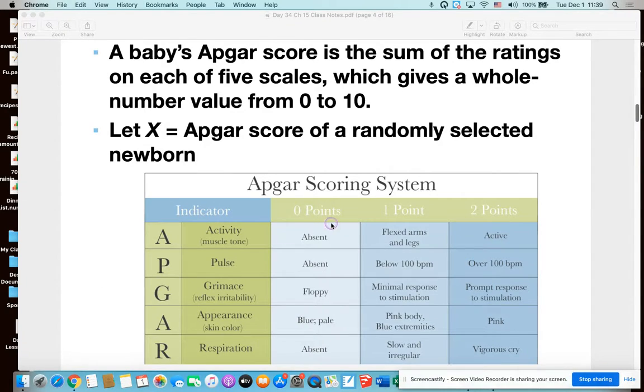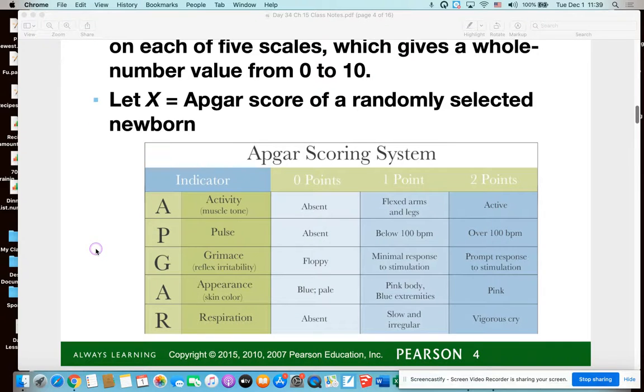So you can give them a point, either 0 points for it looks bad, 1 point for somewhere in the middle, and then 2 points for they look great, right? Okay. So they're hoping for a good score on this. If a baby gets 10 out of 10, then they're lively and active, and their pulse is perfect, right? That's what they want. So it's a value from 0 to 10, 5 times up to 2 points each.